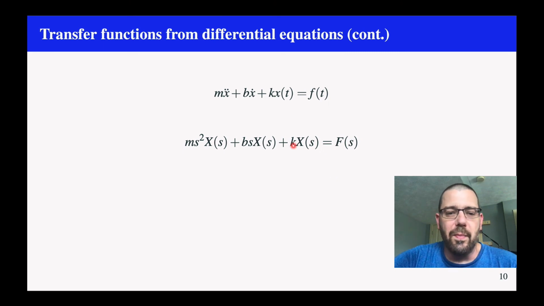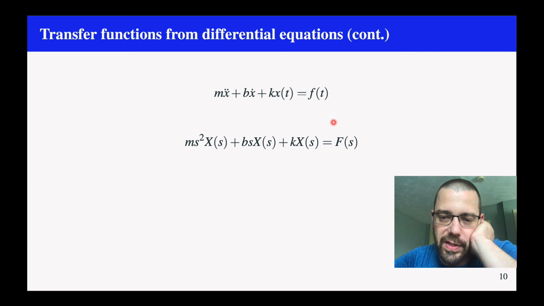So for example, if I started with this differential equation model, which we talked about a couple slides back, when I Laplace transform it, x double dot becomes s squared times X of s. X dot becomes s times X of s, and then x will just become capital X of s, and little f of t will simply become capital F of s.